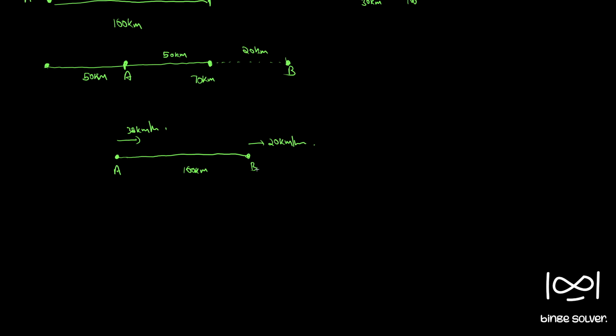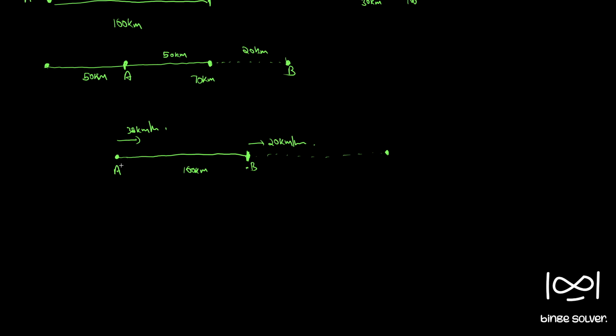The question is: at what time and what location will A catch up with B? At some point A catches up, and we have to find at what point. So we will apply the relative speed. We will assume that B is stationary, and by catching up, we mean A travels with the relative speed and covers this 100 kilometers and reaches here, right?